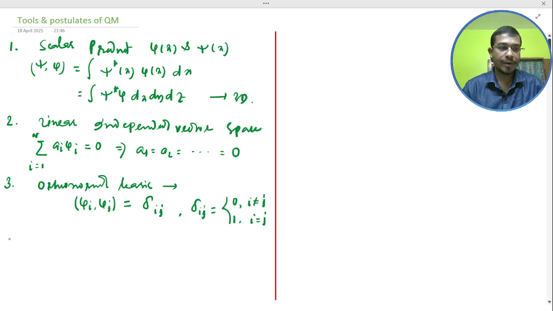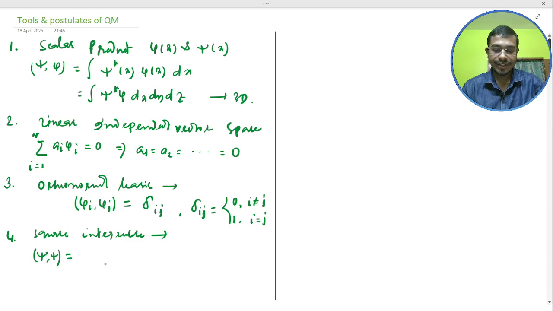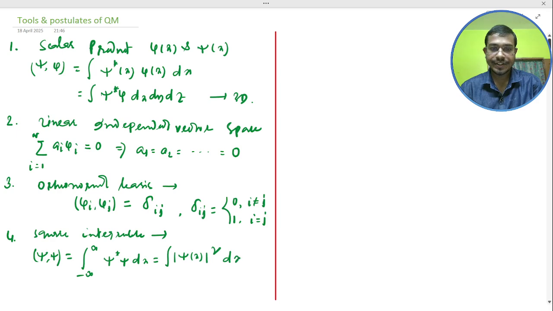Next, the square integrable function. The integral from minus infinity to infinity of psi star psi dx, which equals the integral of mod psi square dx, if this is finite, then psi(x) is said to be square integrable.